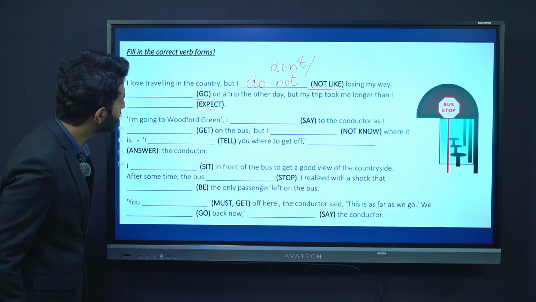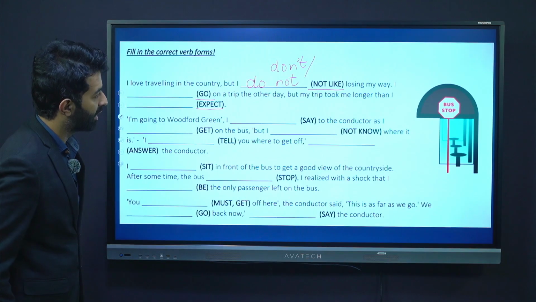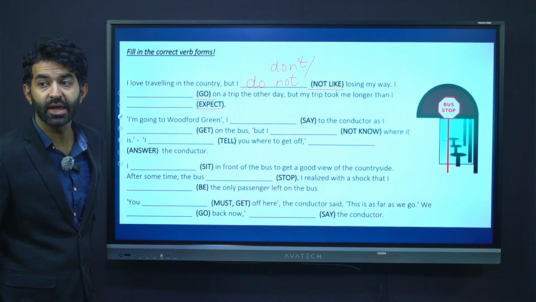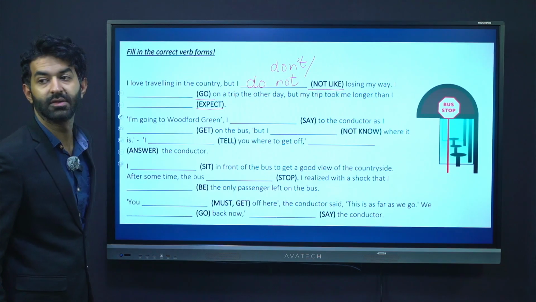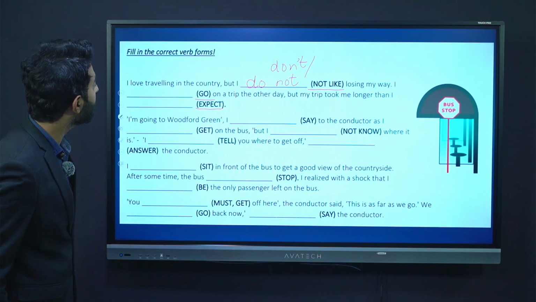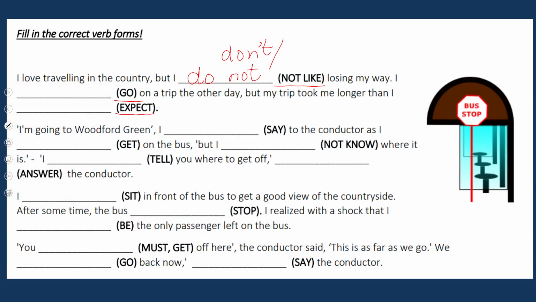I love traveling in the country, but I do not like losing my way. This is actually present tense. All of it. I went. पिछले दिन की बात कर रहा है ना. I went on a trip the other day, but my trip took me longer than I.